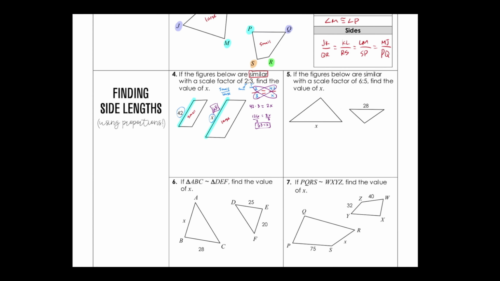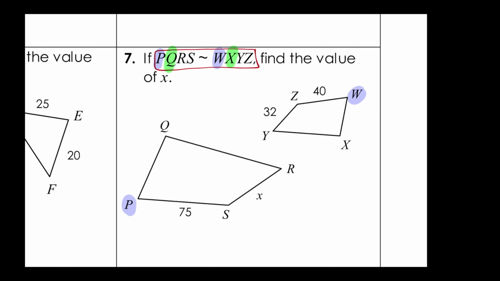Well, look, they give you a similarity statement here. It's telling you what is matching. So let's color coordinate. P is first, W second. So P and W match. Q is second, X is second. So those match, Q and X. R is third, Y is third. So R and Y match.